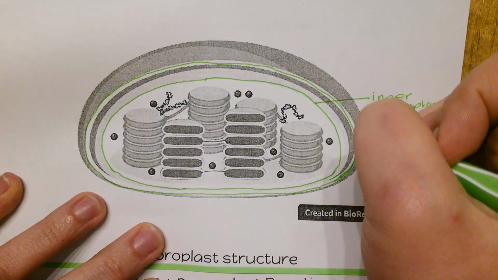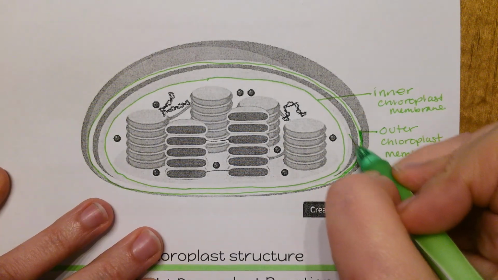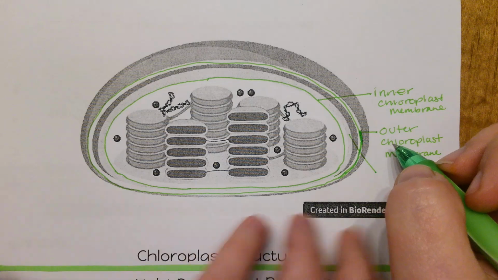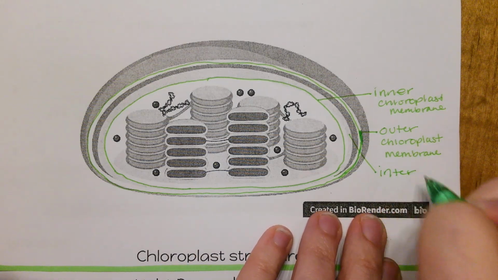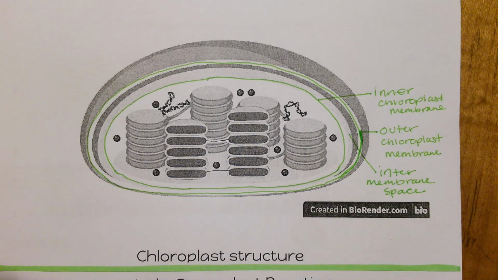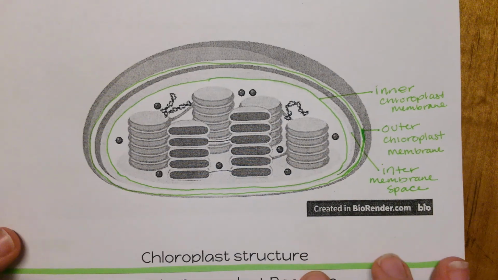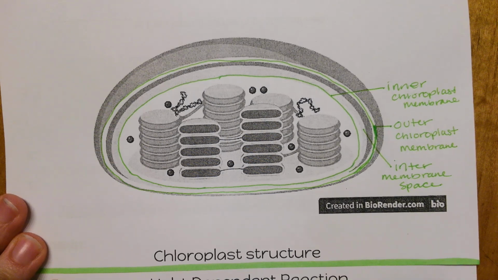It's not pretty. And then all of this space here is the intermembrane space, so the in-between. All right, so in the rest of the picture here, it's a little bit clearer.